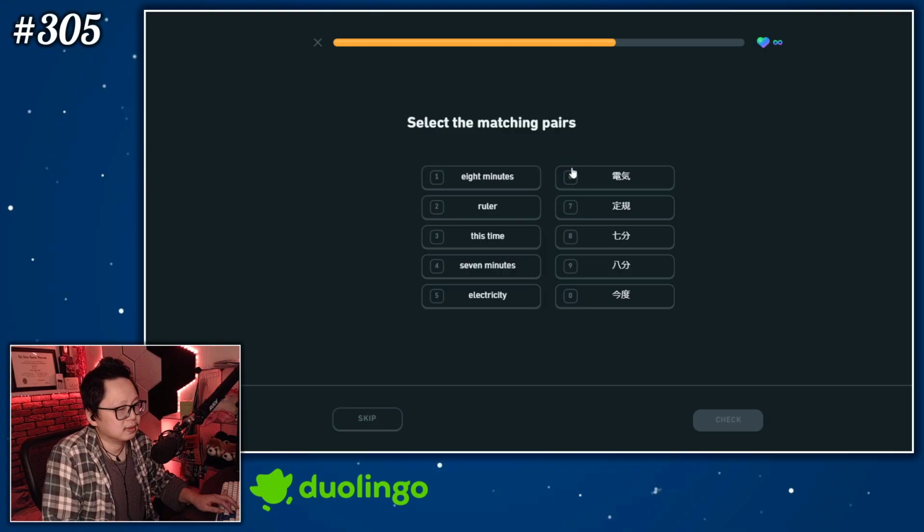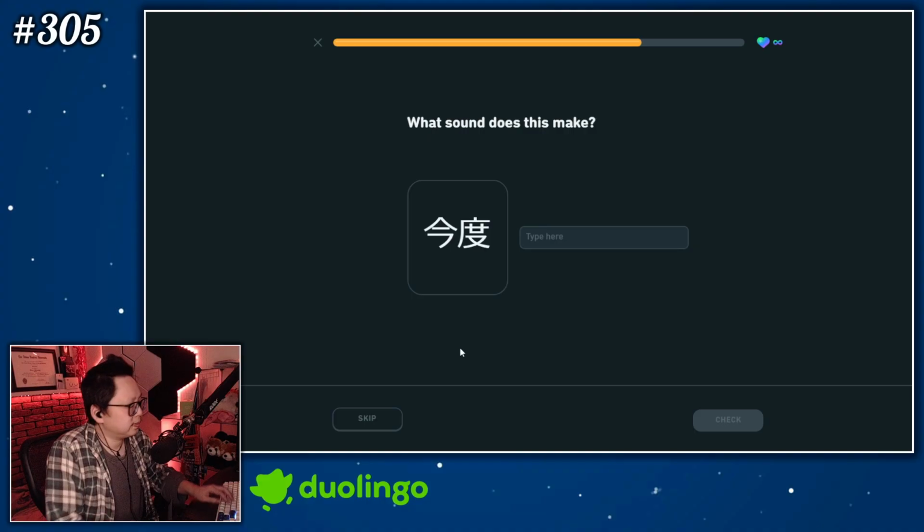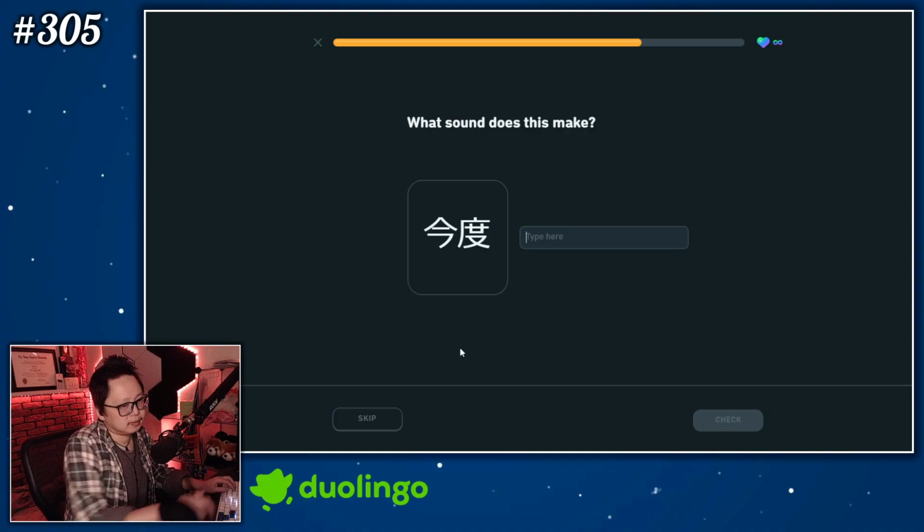No. This is a little bit more spaced out than the way I wrote it. Denki. Oh. Okay.